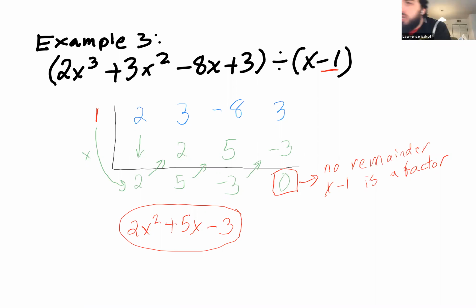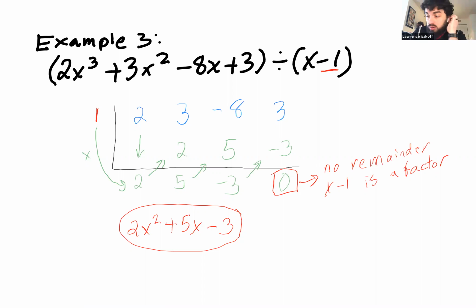Any questions so far about this? That was a great question about the missing zero placeholders. Any other questions, please make sure to ask. Essentially, because this has no remainder, me calling x minus 1 a factor is covering what the factor theorem says.